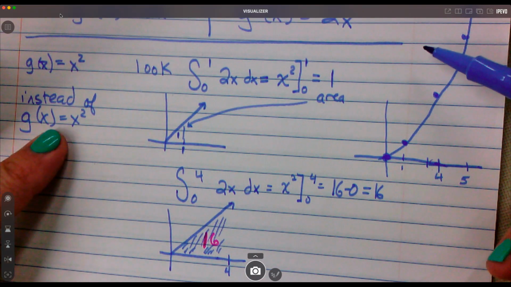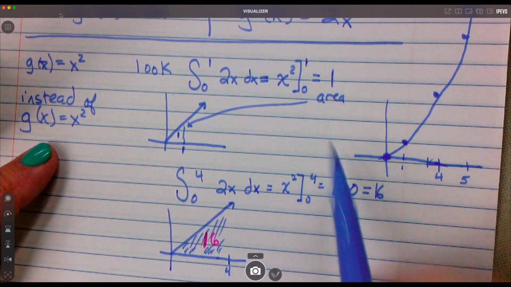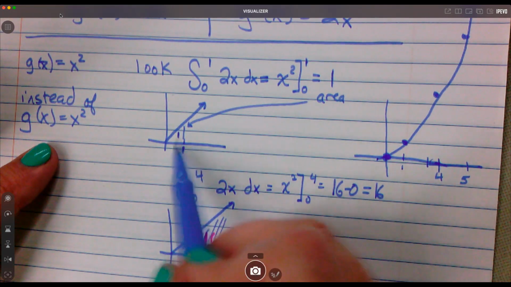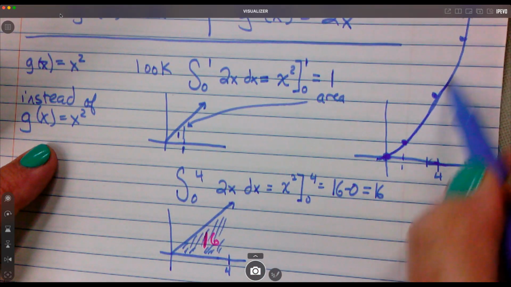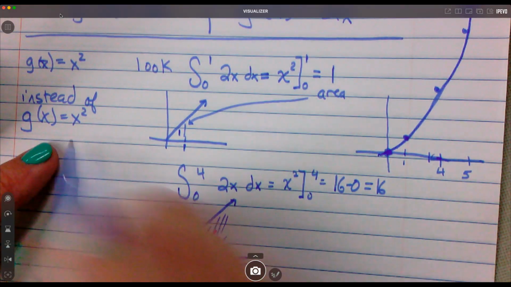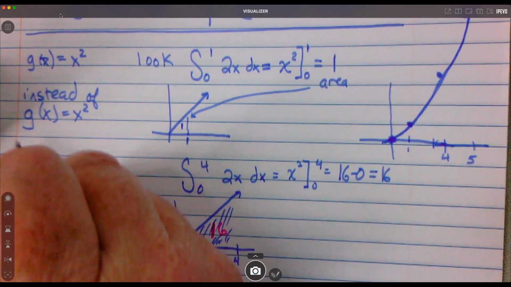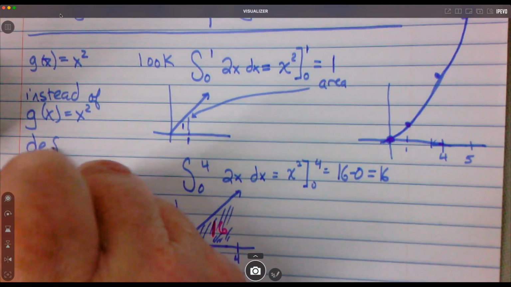So the answers to these integrals are getting us the graph of x squared. So what somebody says is, hey, since all these answers basically they measure area and they create the graph of x squared, instead of saying g of x equals x squared and having to get these little numbers one at a time, let's define g of x this way.